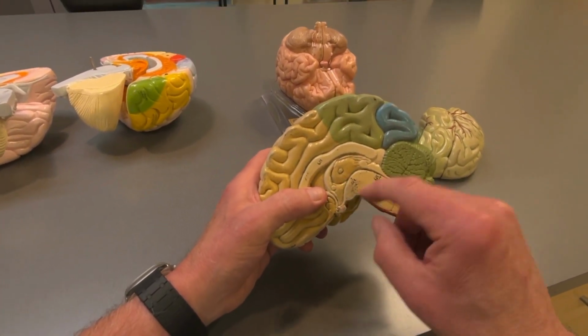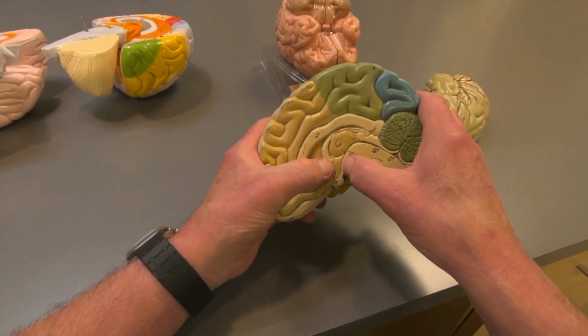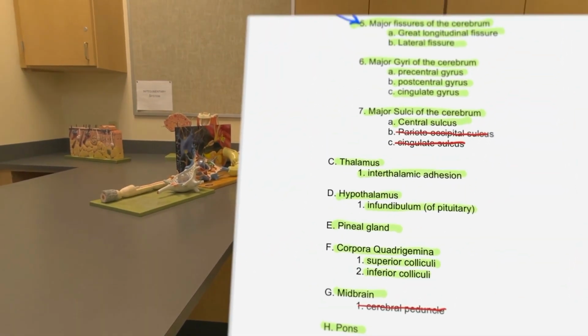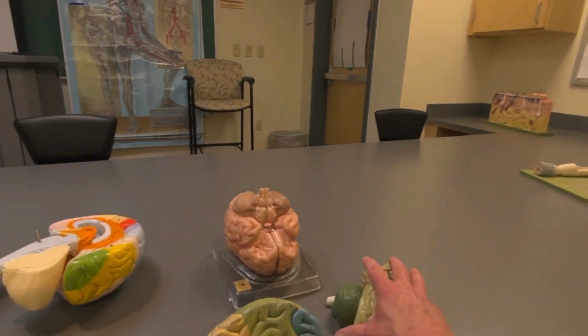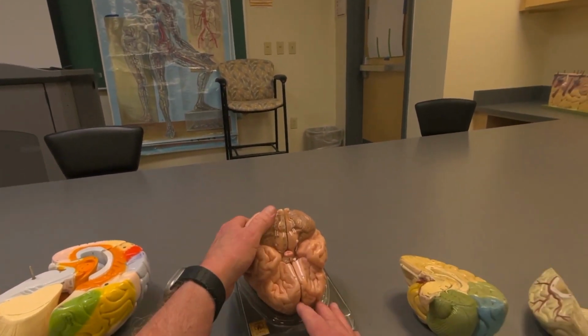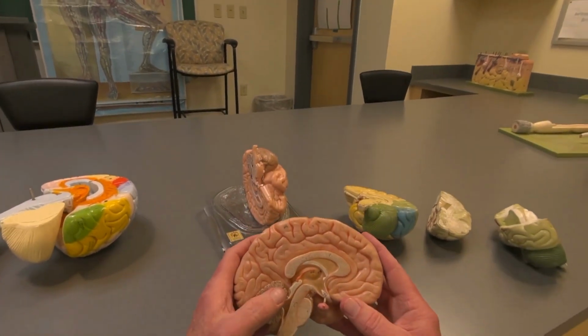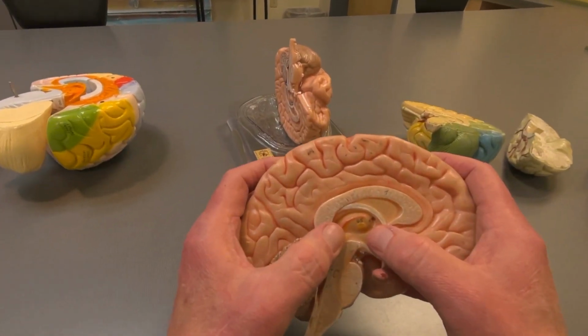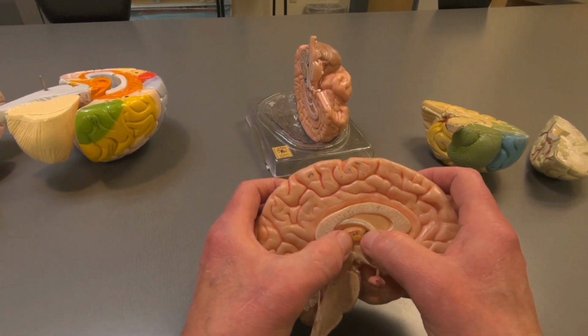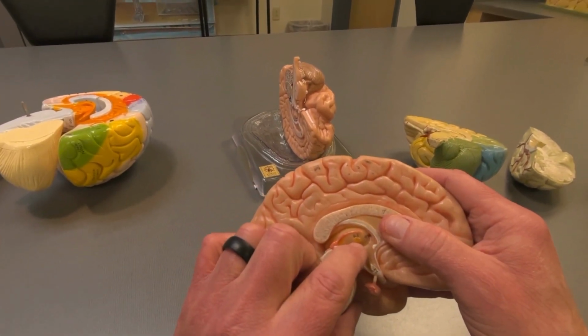That is a hypothalamus, sort of between my thumbs right there. What else do we have in that area? Ooh, infundibulum of pituitary. Let's take a look at this model for that. I like this one. In fact, I want this side of this model. There's our thalamus, right there. Looks like a football or kind of like an egg. And again, we have this little eye looking at us.